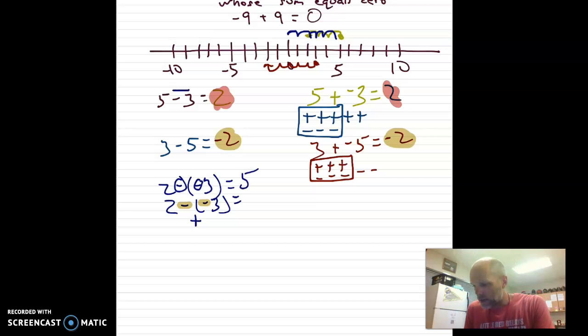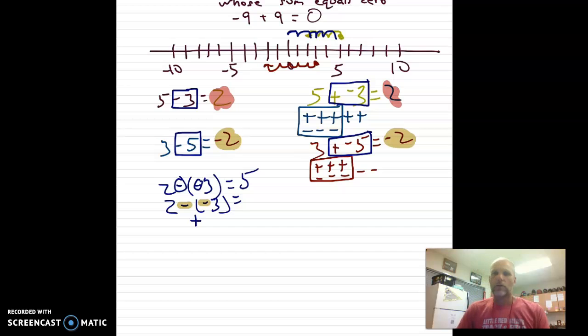We subtracted 3, but over here we added a negative 3 and got the exact same answer, right? On the next one, we subtracted 5, and on the other one, we added a negative 5 and got the exact same answer.